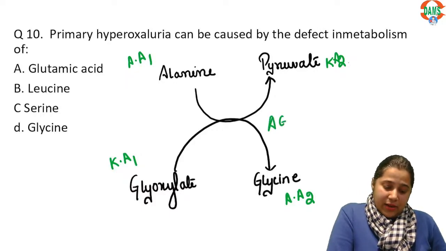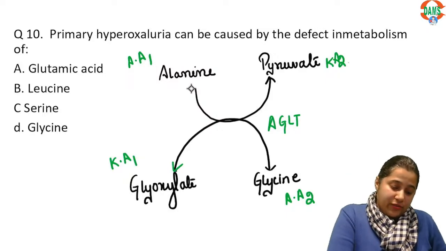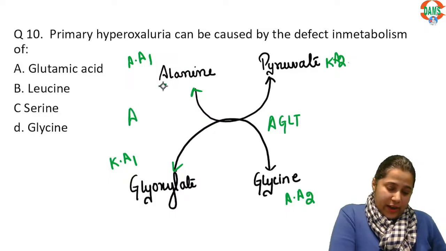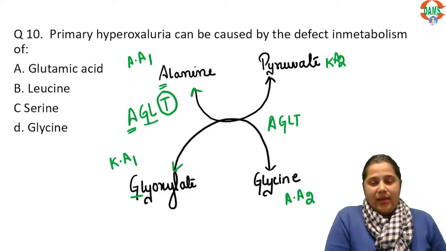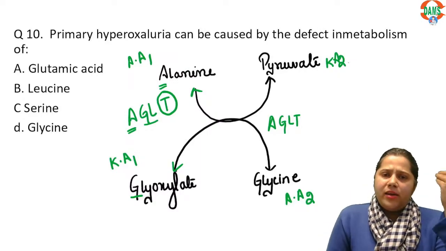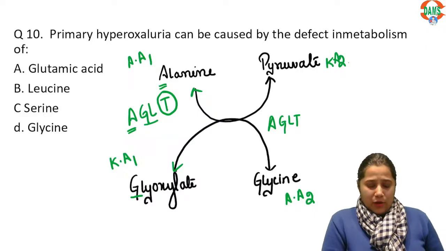This enzyme here is AGLT. This is also reversible. AGLT stands for A for alanine, GL for glyoxylate, T for transaminase. So there are more than 10-12 transamination reactions and AGLT is one of them.